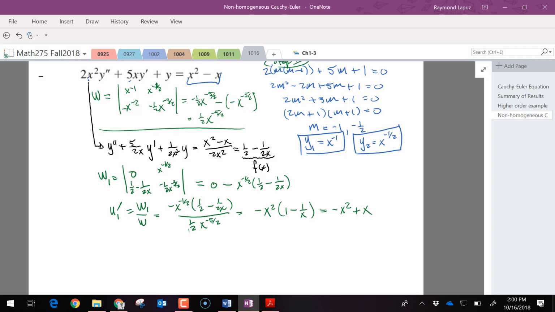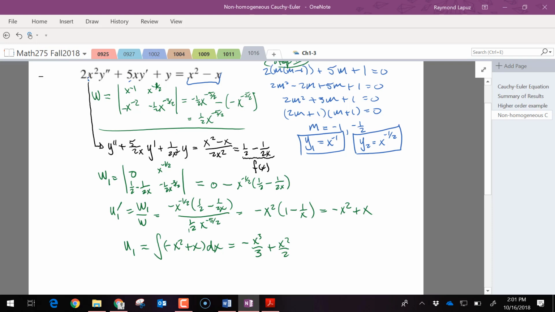So that's u1 prime, and then you're going to find out what u1 is equal to by just integrating this, which is an easy integral because it's a polynomial. How do you integrate again? You add 1 to the power. So negative x cubed over 3 plus x squared over 2.